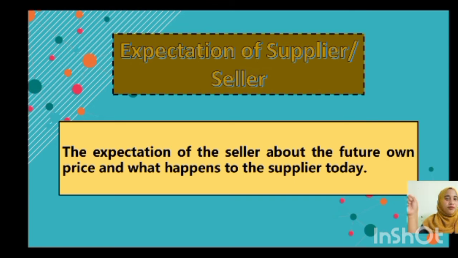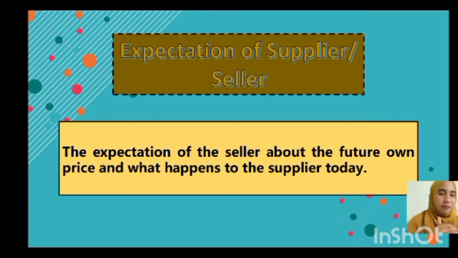So if the seller expects to increase the own price, right? And then the supply today will decrease. Okay? So if the seller expects to sell less or konti na lang yung ibebenta niya in the future, then the supply today will increase.